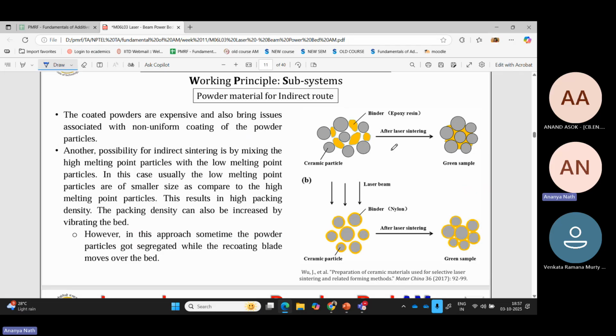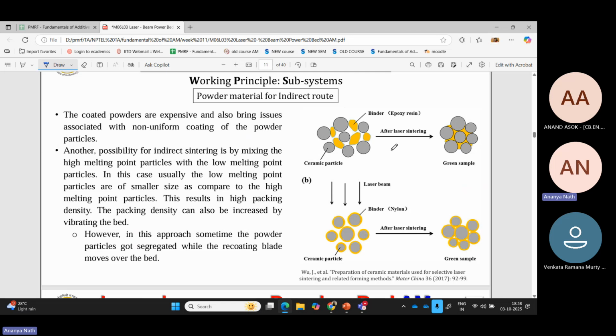So the binder is liquid or semi-liquid now, so it can join and hold all the powders together, and then you can get the sintered part, or you can go for heat treatment after that. In the heat treatment, your compaction will be better, so your compaction strength and density will be better. So that is one kind.